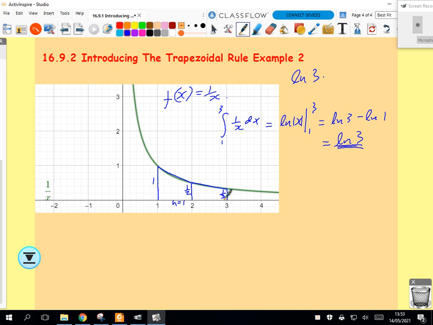So the area, which we know is the natural log of 3, will be approximately equal to the area of these trapezoids added together. So h over 2, a half, times the length of the first offset, which is 1, plus the length of the last offset, which is a third, plus twice the length of the other offset, which is a half.